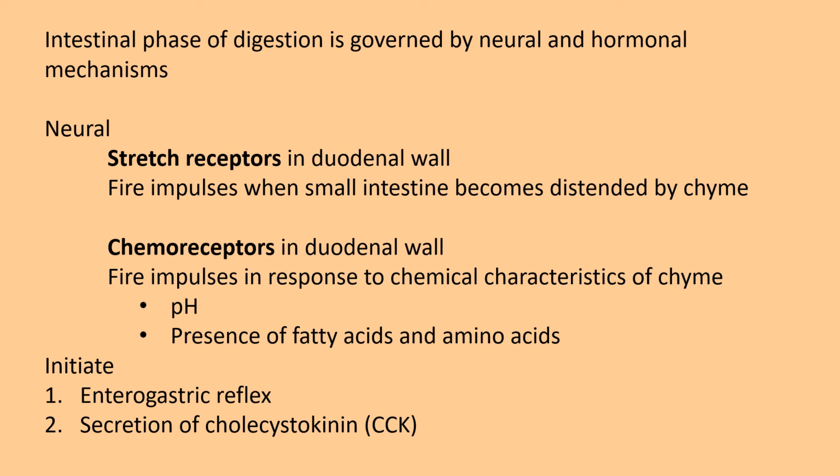And so these modified sensory receptors send sensory input to the site of integration, which is locally part of the enteric nervous system. And the enteric nervous system, the motor output comprises part of the enterogastric reflex, and then it also involves the secretion of our second gut hormone, cholecystokinin.